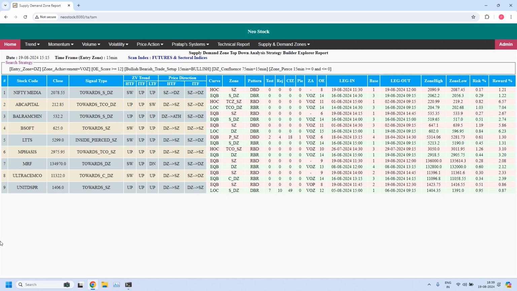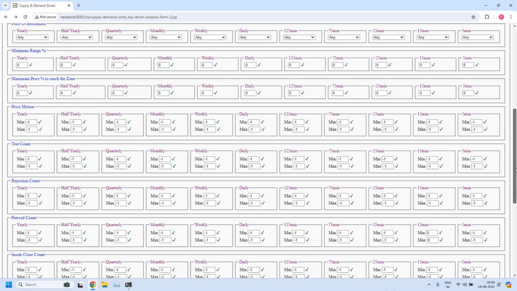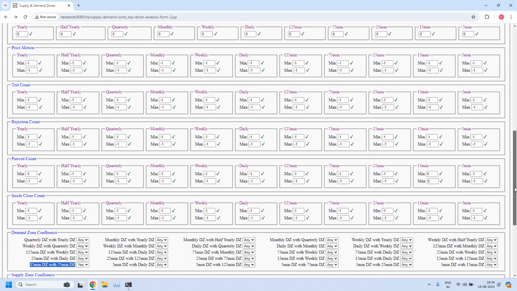Again, out of these 9, how many are having HTF confluence? That is also we will verify. HTF is a daily time frame. So 15 minutes, 75 minutes and daily confluence we have to look for. So 15 minutes demand zone with the daily demand zone, I enabled the option, and also 75 minutes and daily I am enabling.